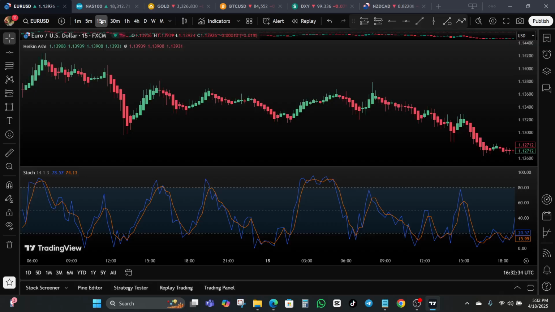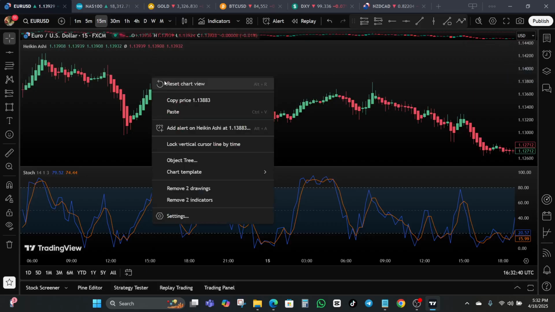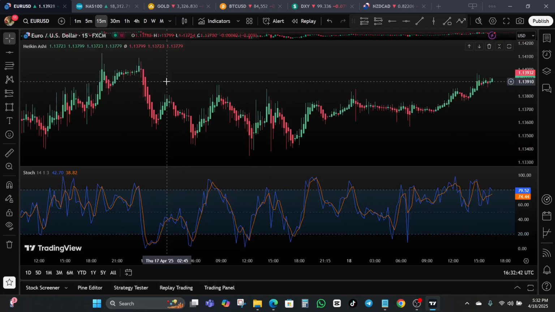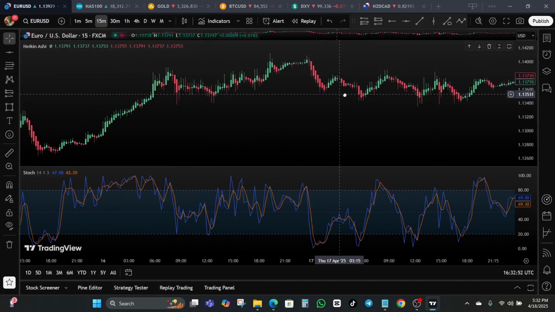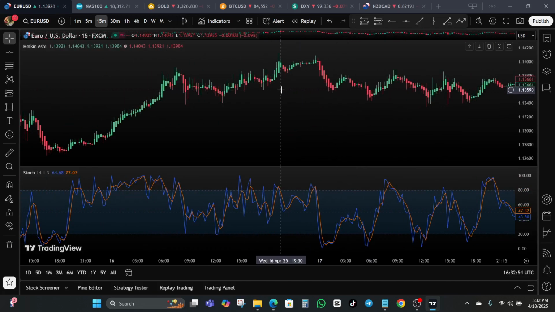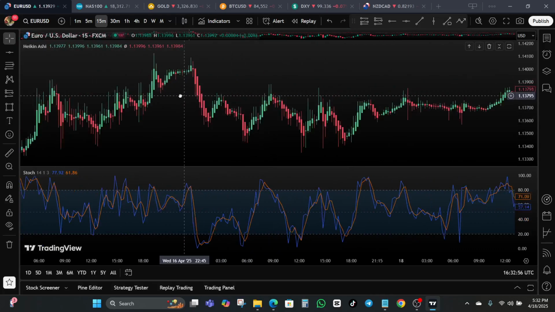One important tip is to always combine this strategy with solid risk management. Do not trade with an amount that you cannot afford to lose. Do not risk more than 1 to 2% of your account balance in a single trade. And ensure that you always make use of good risk to reward ratios. Make sure to use stop losses to protect your trades.